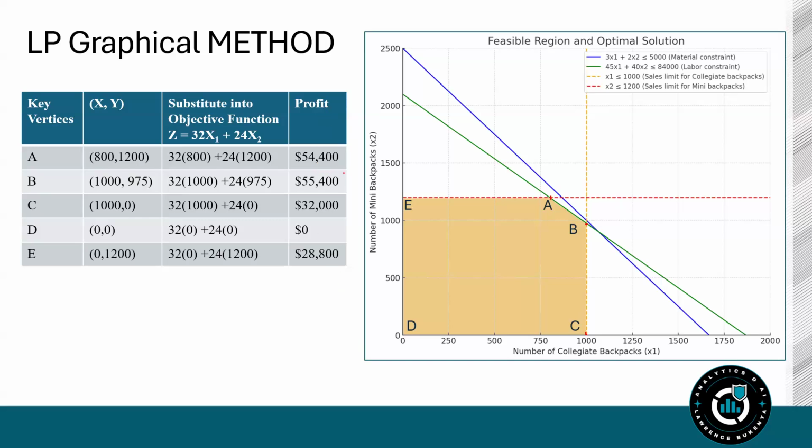So in this case, point B gives us the maximum profit. Hence, that's the solution. So in order for the company to make as much profit as it can, it has to make 1,000 collegiates and 975 minis, which will give you the maximum profit.